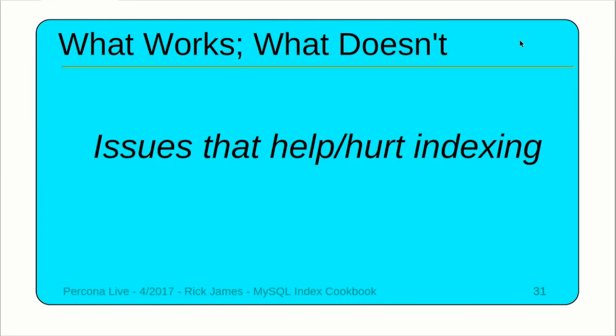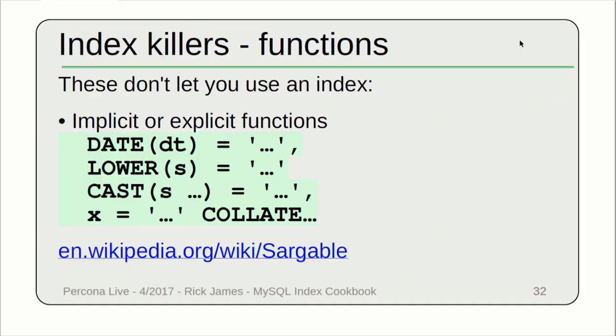All right. What works, what doesn't? A lot of things won't work well, and I'm going to cover some of them. Hiding an indexed column in a function means that that index cannot be used. Here are some common things that people do that destroy the use of the index: date of something, year of something, lowercase, cast, even implicit things like changing the collation during this comparison.